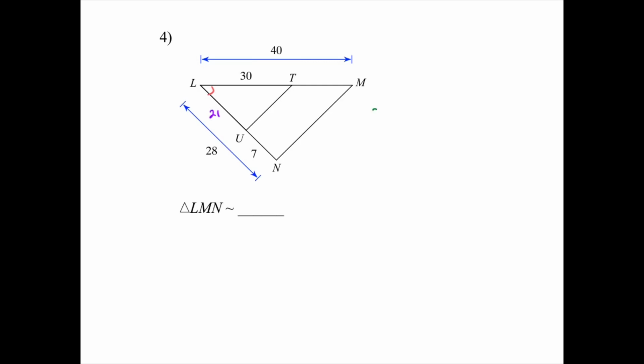So 30 divided by 40 has to equal 21 divided by 28. So this is 3/4. And this one divided by 7, 3/4. So by side-angle-side similarity theorem, I can prove that triangle LMN is similar to triangle LTU.